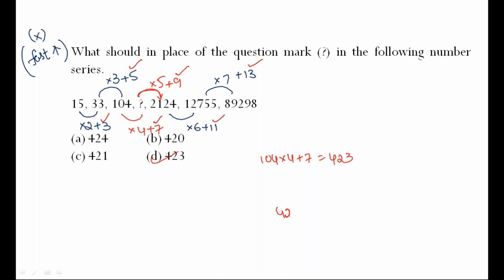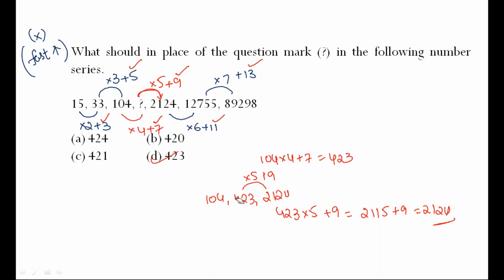So 423 into 5 plus 9, we should check. If you check that, we'll get 2115 plus 9, which is 2124. Yes, we got 2124. In fact, don't stop with that. 104, you got 423. Then you check whether you got the next one with this same logic, into 5 plus 9.